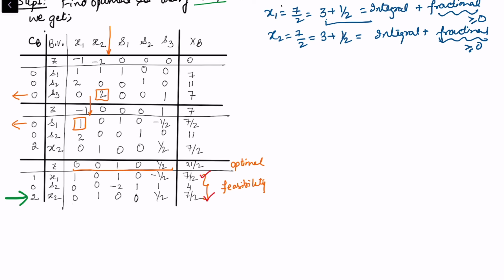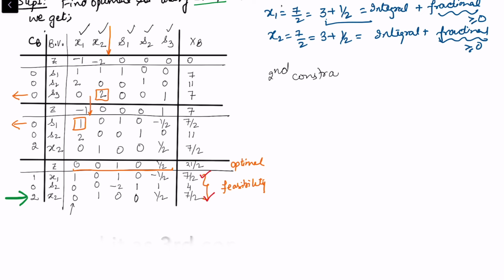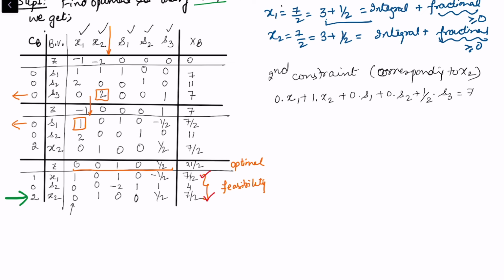For this, we will have the Gomory constraint. Each scalar has to be multiplied by the corresponding decision variable. So corresponding to x2, we have 0 into x1 plus 1 into x2 plus 0 into s1 plus 0 into s2 plus half into s3 equal to 7 by 2.